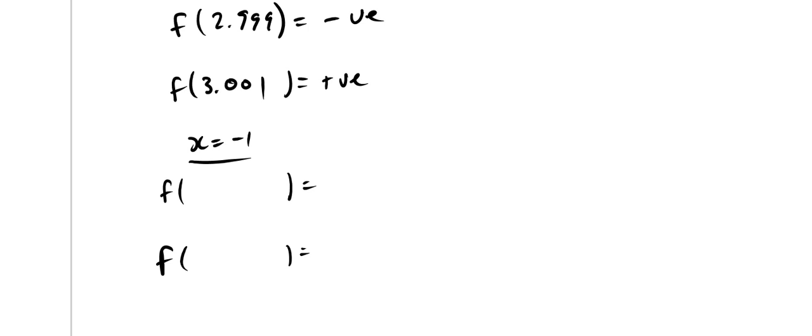So what values do we want to do? Again, this is a vertical asymptote. We want to get really, really close to -1, but just to the left of it and just to the right. So just to the left would now look like that, and just to the right would look like that.